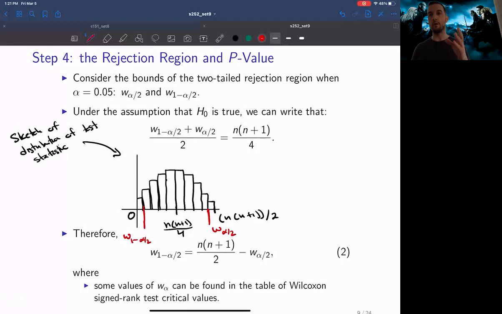Since it's a symmetric distribution, the median is always at n times n plus 1 over 4. So the critical values are also going to be symmetric about the median, which means that we can say that the average of the critical values is that same point. So W 1 minus alpha over 2 plus W alpha over 2, divided by 2, is equal to the median.